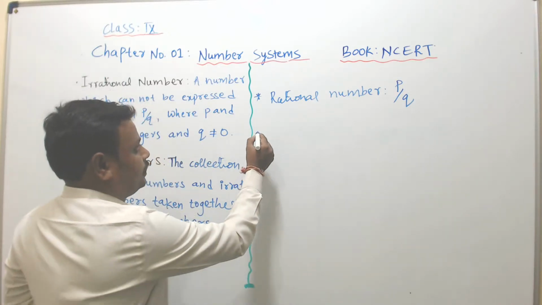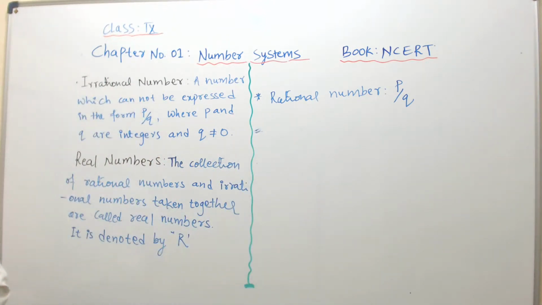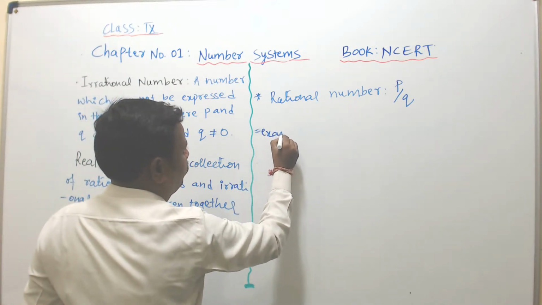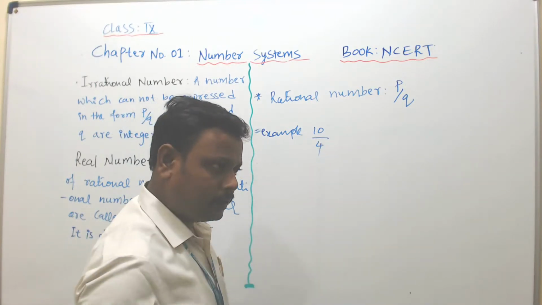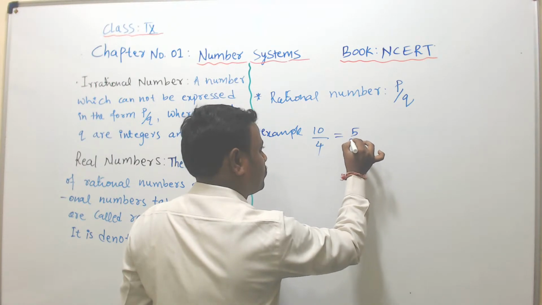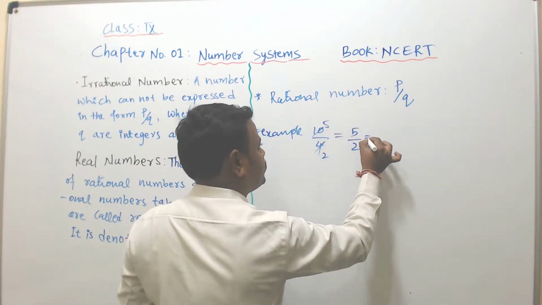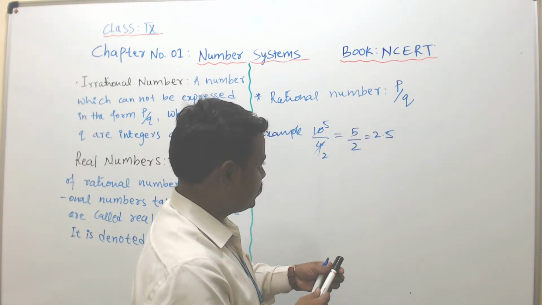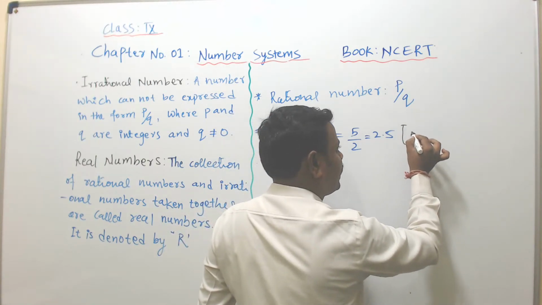For example, I will take 10 by 4. We can cancel it, we can write it as 5 by 2, that is equal to 2.5. So this 2.5 we get in the division, and we can call it terminating.